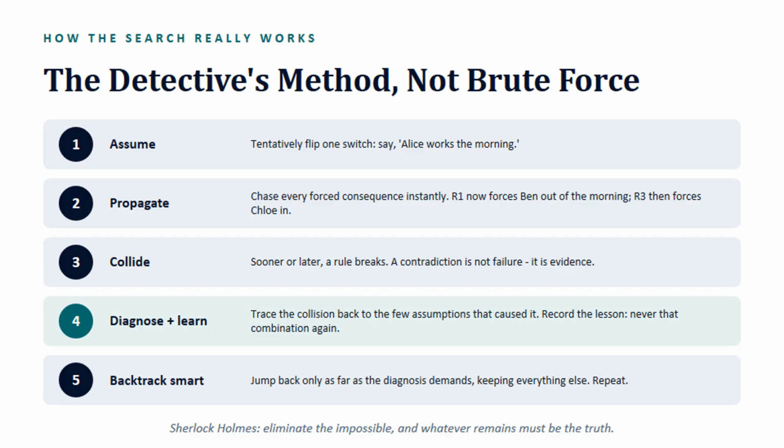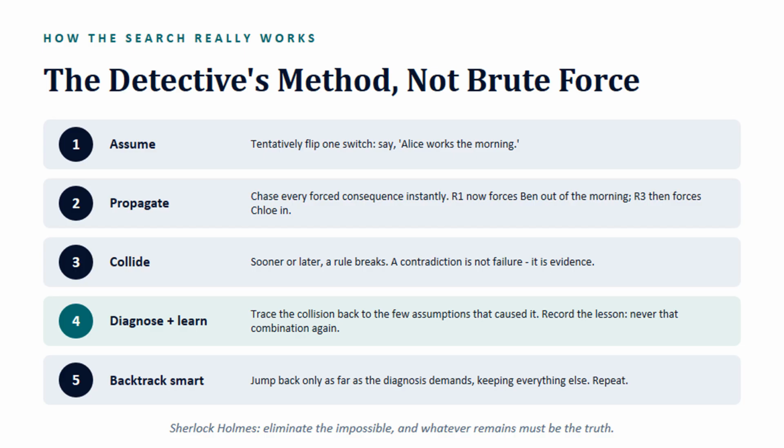Step 3, collide. Sooner or later, some rule breaks. And here is the mental shift that matters. To a solver, a contradiction is not failure. It is evidence. Step 4, the crucial one, diagnose and learn. The solver traces the collision back to the handful of assumptions that actually caused it, and records the lesson permanently: never that combination again, anywhere, ever.